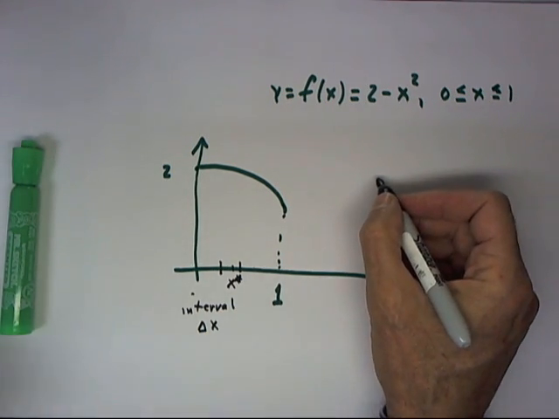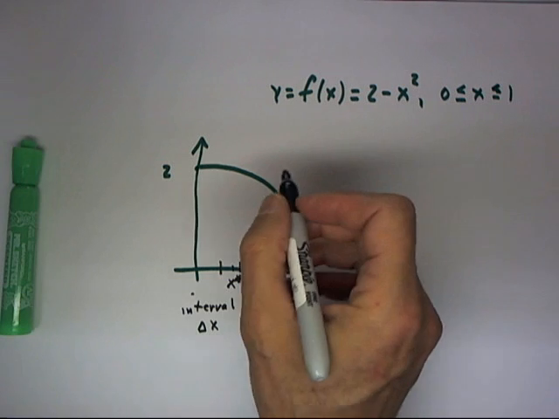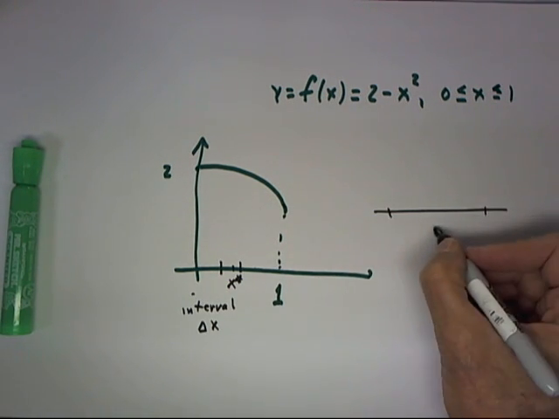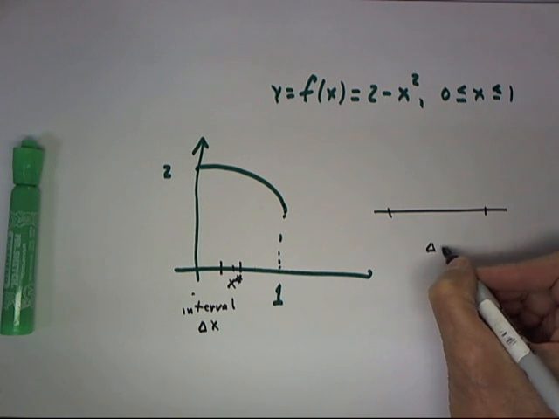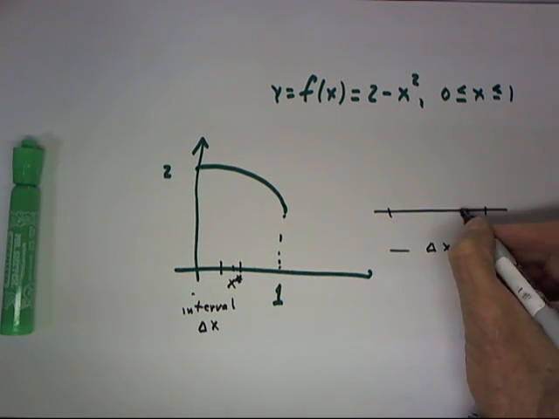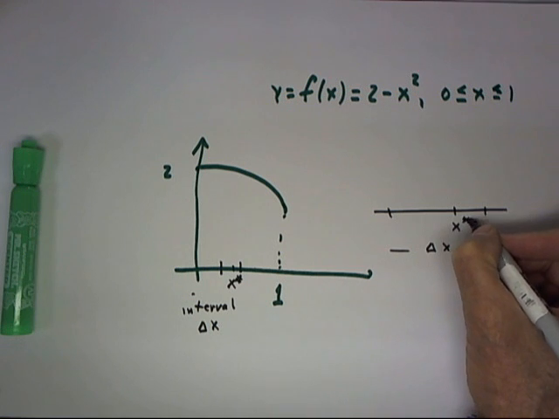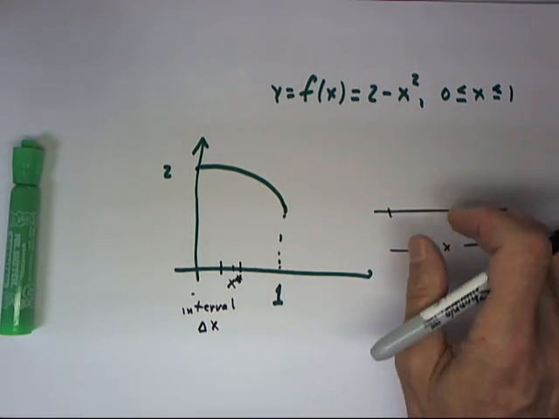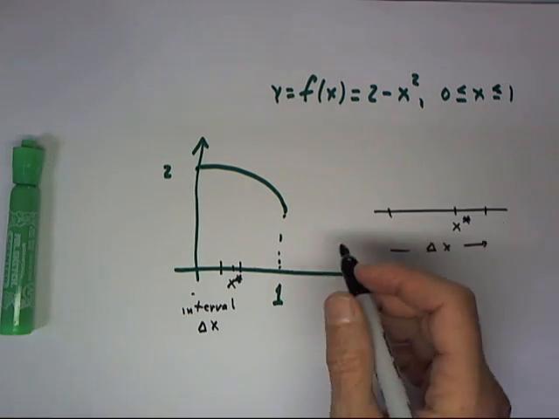Now let's enlarge that slightly. So let's represent our interval delta x here, and our point x star, which can be any randomly chosen point within the interval.